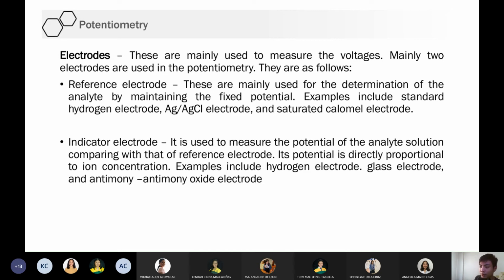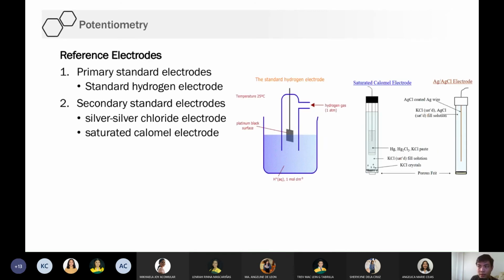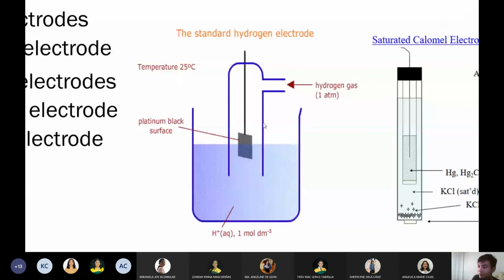No? So these are some of the common reference electrodes used in chemistry, in analytical chem. Yung standard hydrogen electrode, so ito yung precursor ng pH meter natin kasi may hydrogen. So ganito itsura niyang electrode na yan.